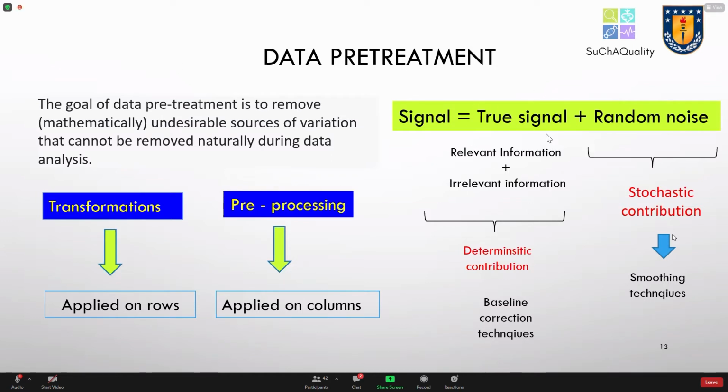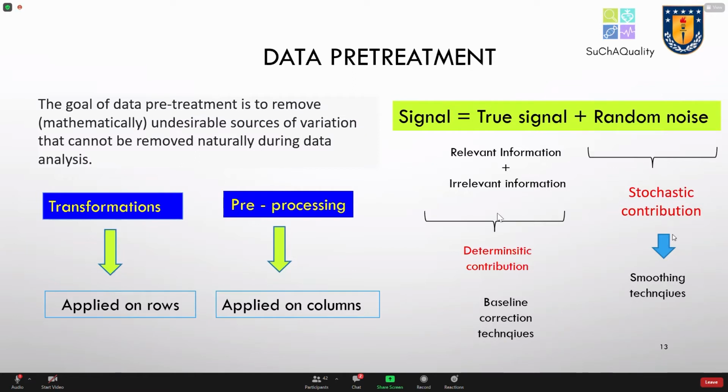This true signal will have relevant information, very important for the analysis, but also irrelevant information, well acquired, correctly acquired from the instrument, but irrelevant because maybe it belongs to the OIS format or is produced by interference. So we need to minimize this irrelevant information.